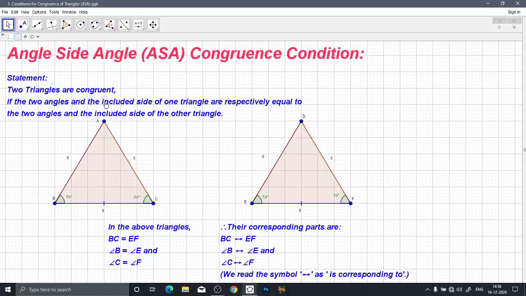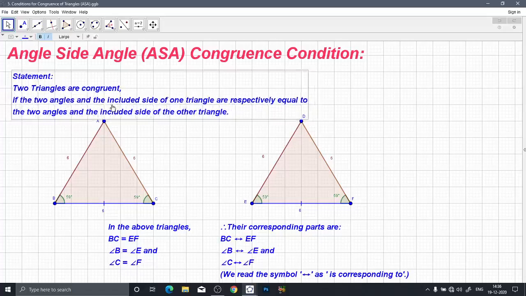Two triangles are congruent if the two angles and the included side of one triangle are respectively, meaning correspondingly, equal to the two angles and the included side of the other triangle.